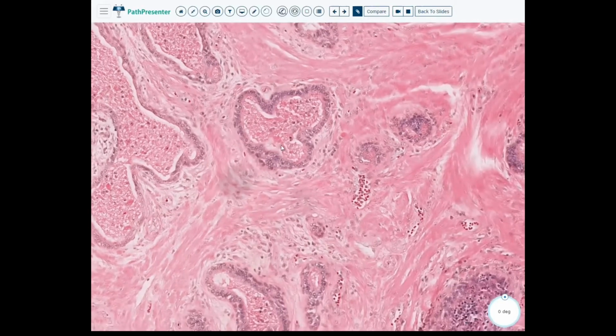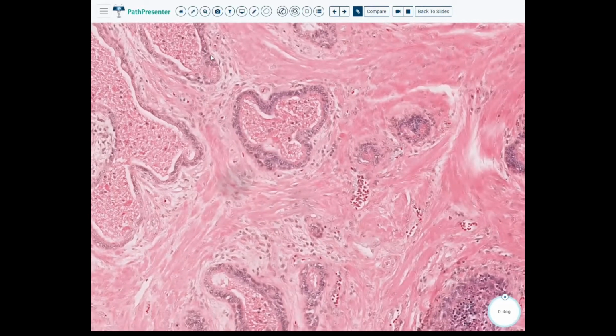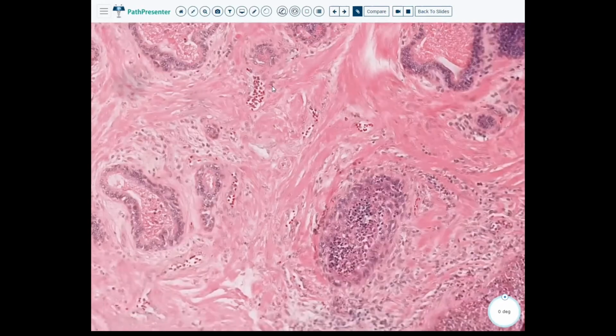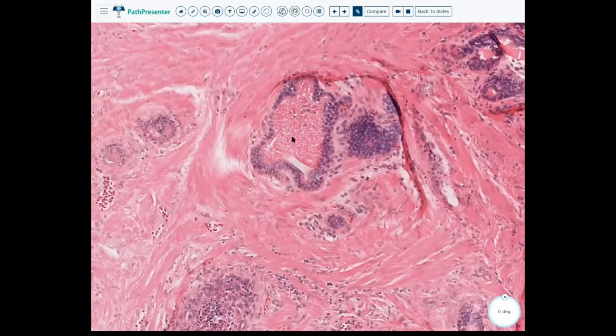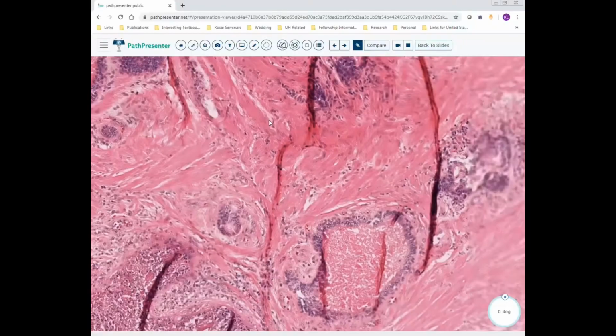There's a little bit of maybe proteinaceous debris. It's kind of this schmutz that's inside cells.